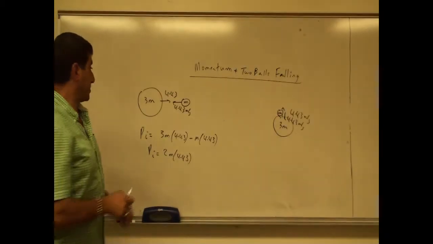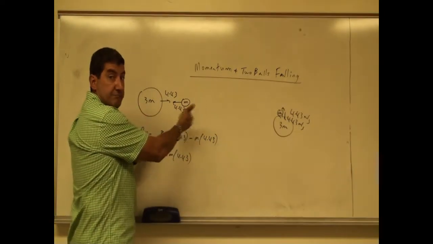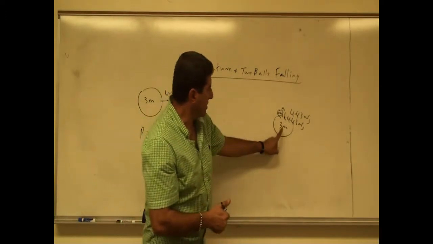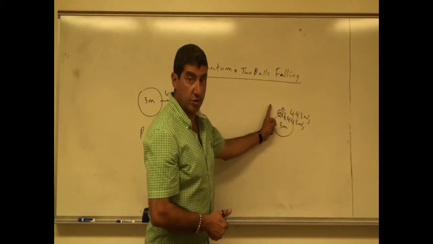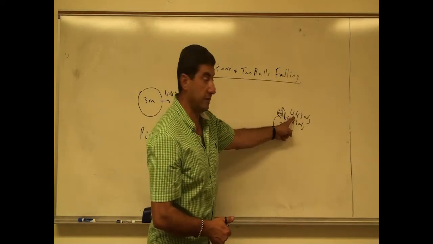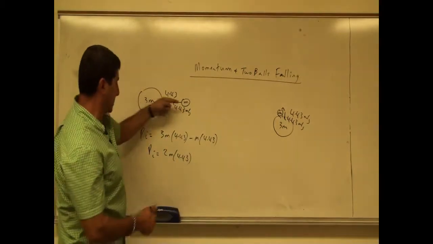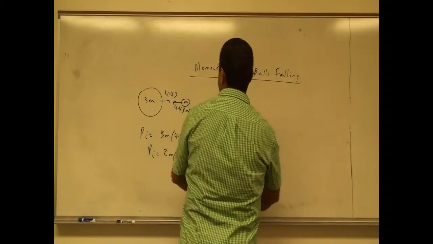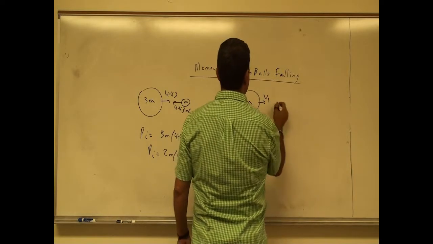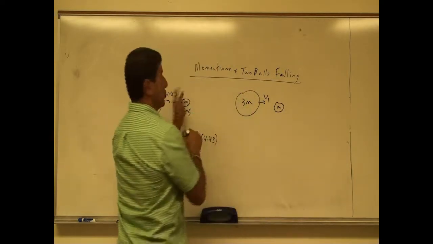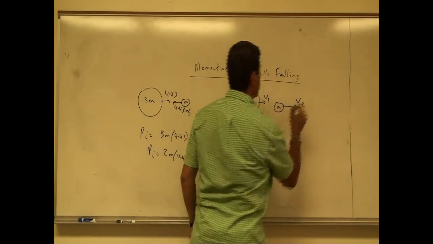Now after the collision, what's going to happen? The 3m basketball is going to keep moving in the same direction, but slower than its 4.43, at v1, while the m is going to shift directions and move this way at v2.